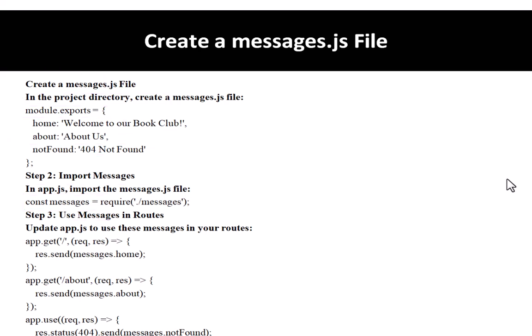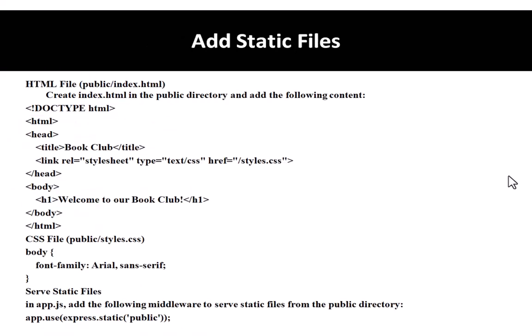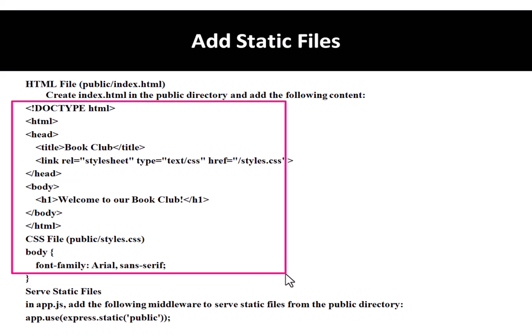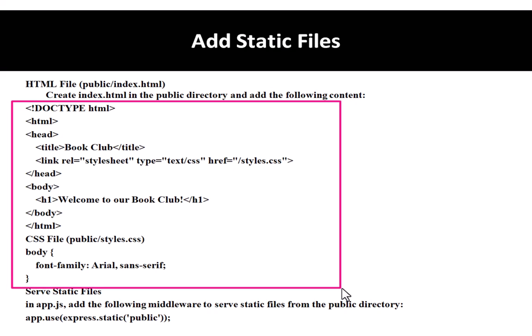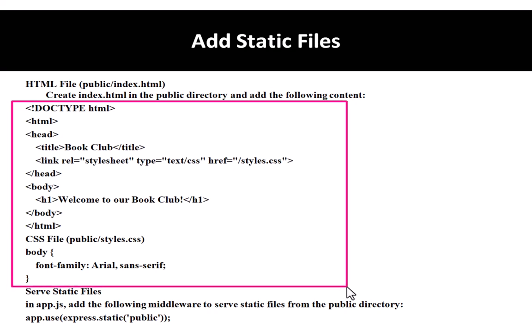Adding the static files. If you want to add the static files, you are going to create an index.html in the public folder. Public means in your home directory itself you are going to set the index.html page. Here we are writing a simple HTML format and simple CSS.